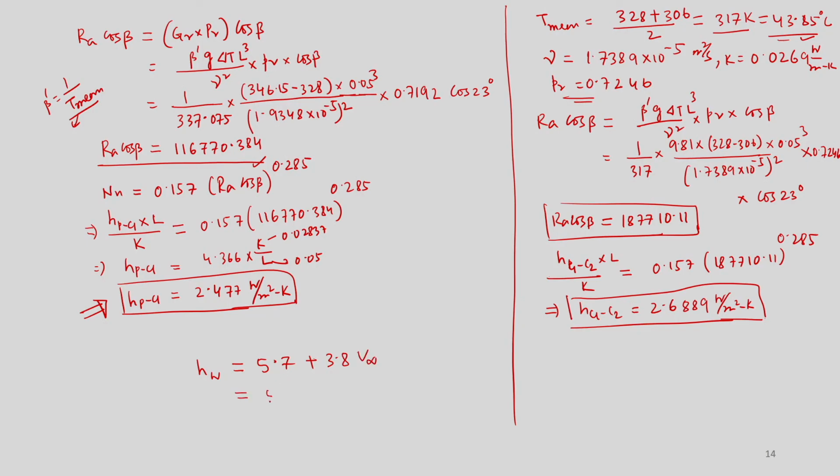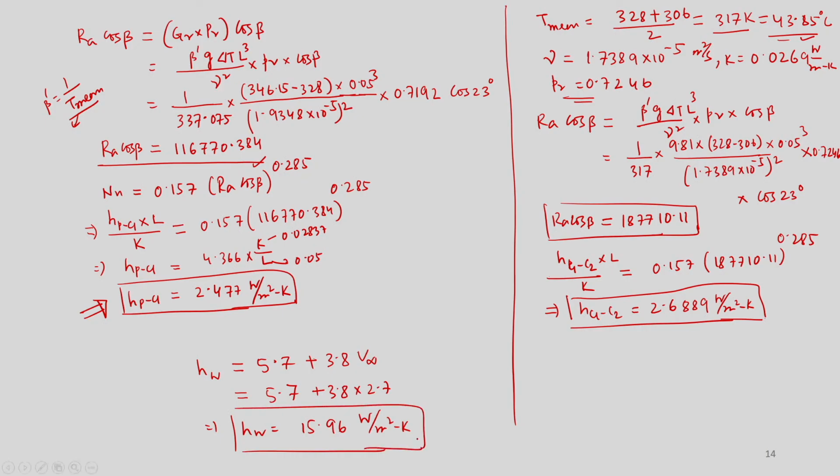These values are given: 5.7 plus 3.8 into 2.7. So, this is found to be 15.96 watt per meter square Kelvin.